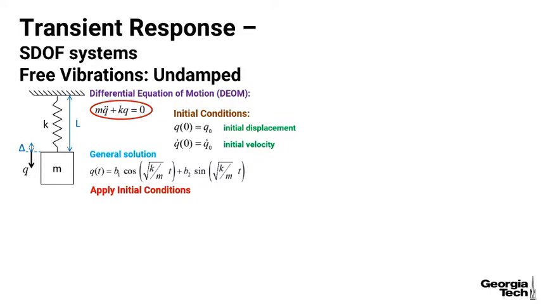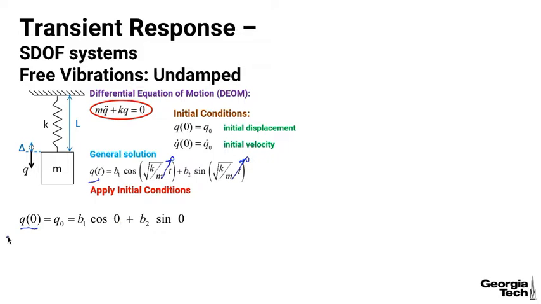Let's now apply those initial conditions to our system. And so first of all, let's apply the initial displacement. So for q at time 0, time is 0 here, so we have q sub 0, the initial displacement, is equal to B1 cosine of 0 plus B2 sine of 0.